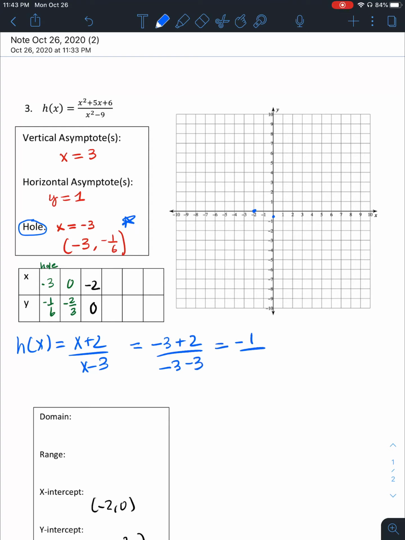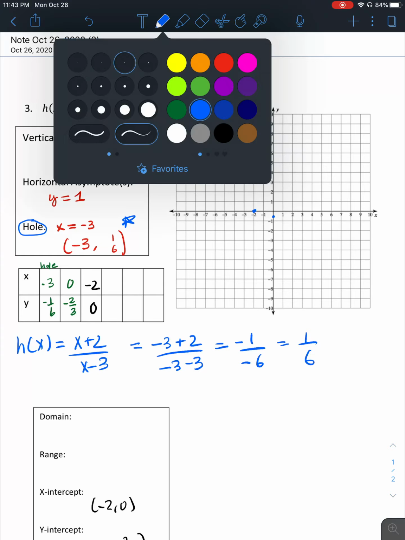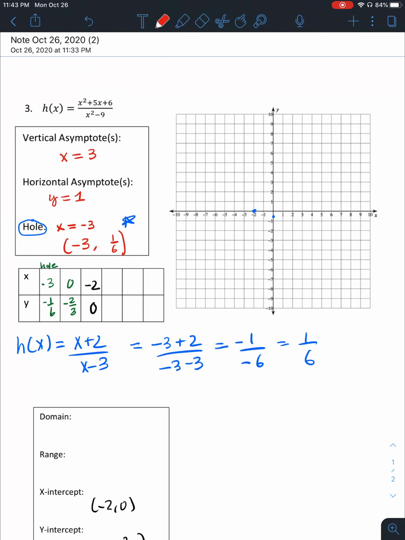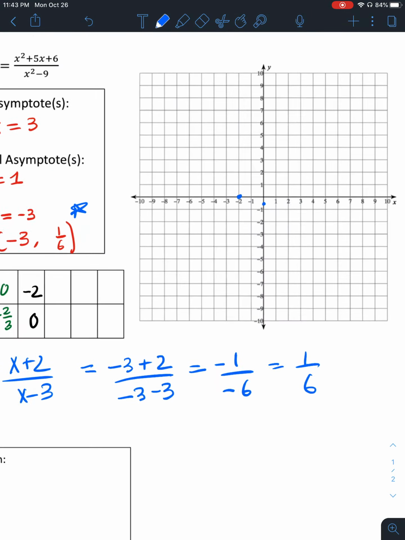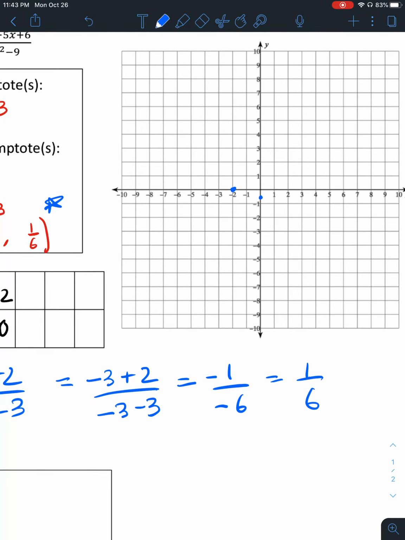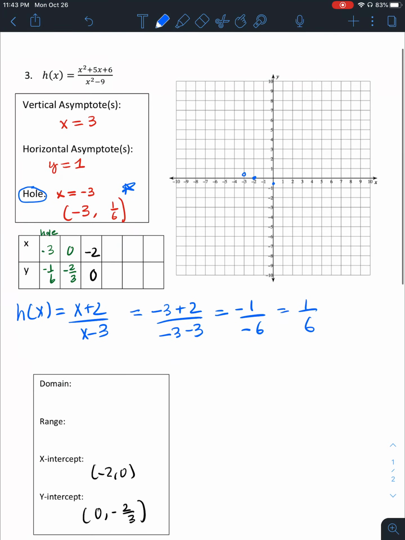And as you can see, it's -1 over -1 over -6, which should be a +1/6. So I actually made a mistake here. It should have been +1/6. And you're going to see why later that actually does make a difference, because now I know my hole is right there. So sorry for making that mistake.